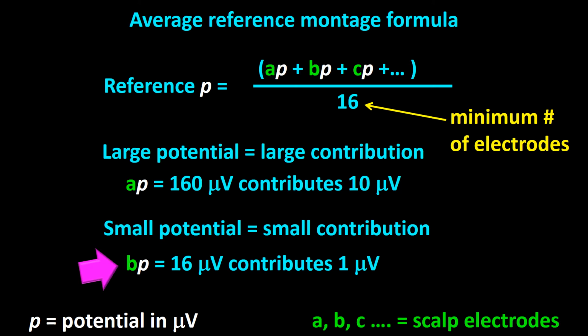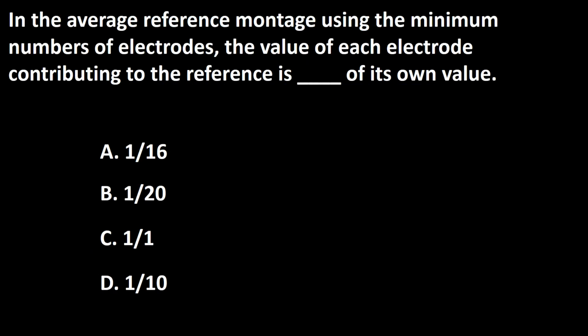So let's say that the potential in electrode B is only 16 microvolts. Then this electrode will contribute only 1 microvolt to the reference. So the answer to this question is A.